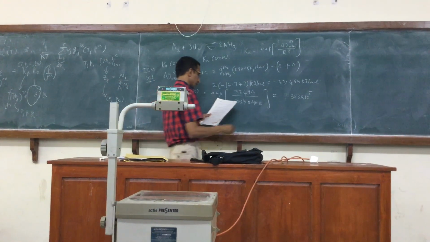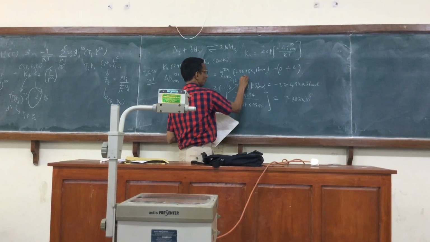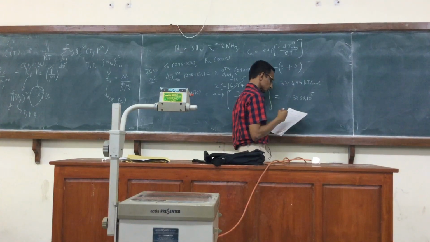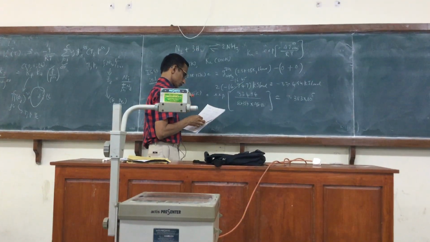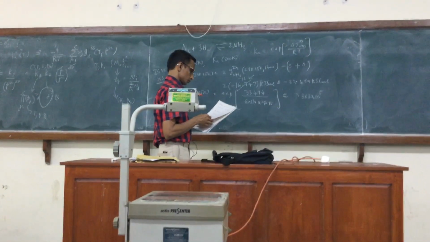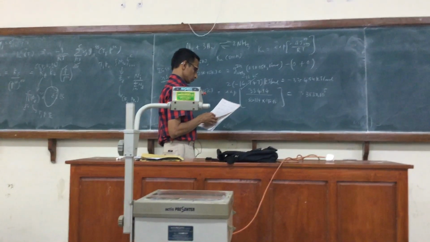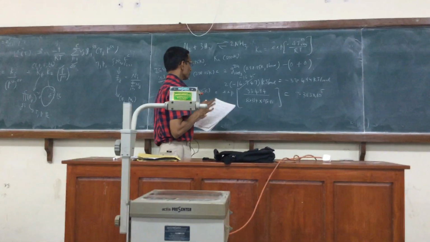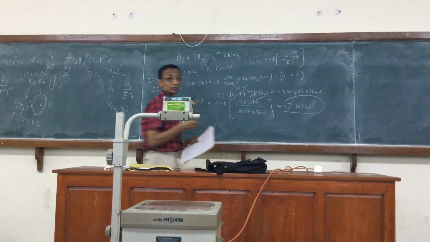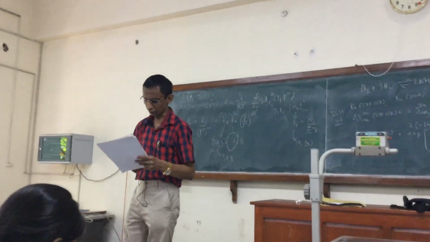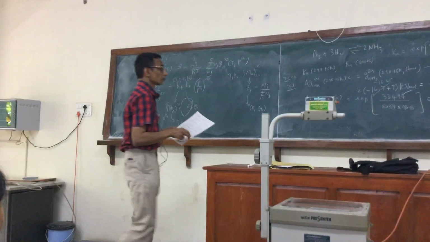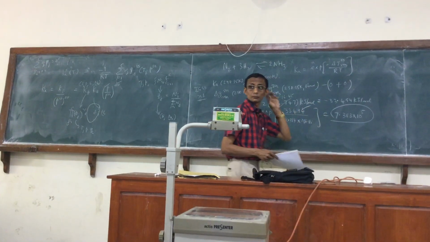Smith and Van Ness seems to have given minus 60.45 only. But we are already multiplying with 2.